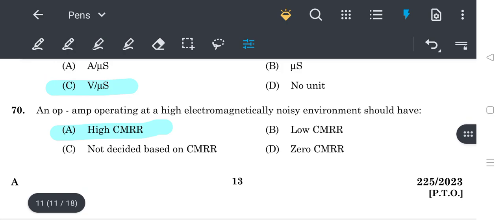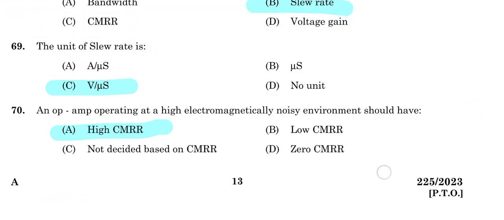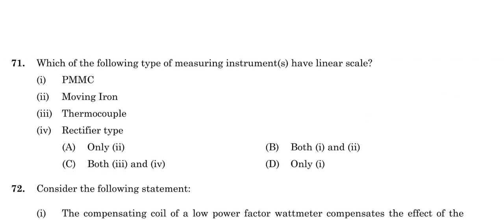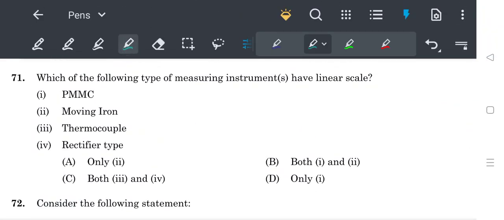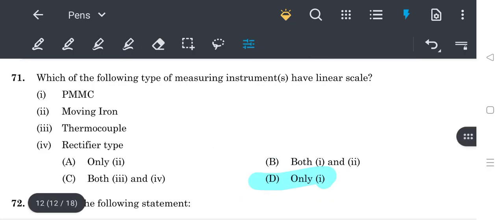Next, which of the following types of measuring instrument has a linear scale? Answer 71 is D, only one, that is PMMC.